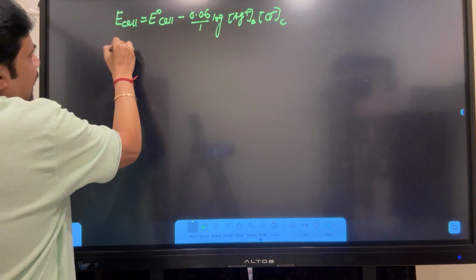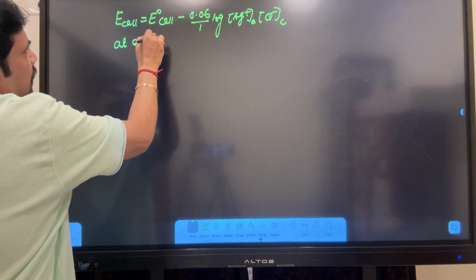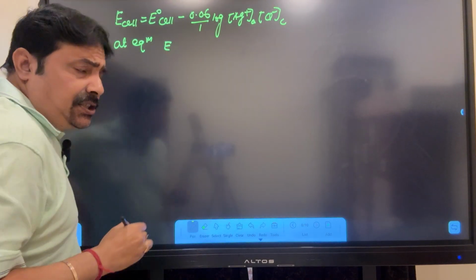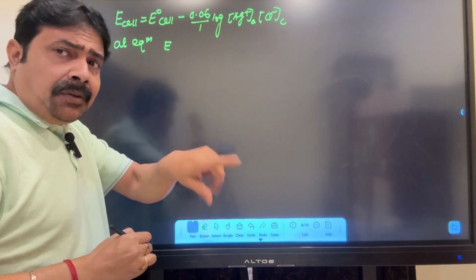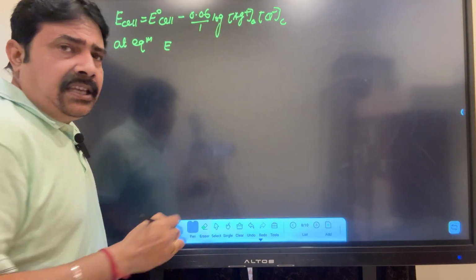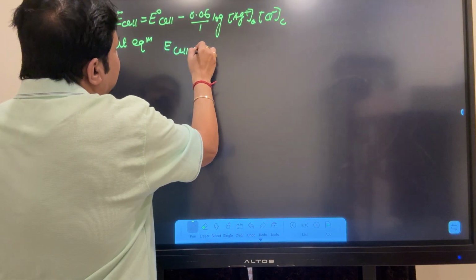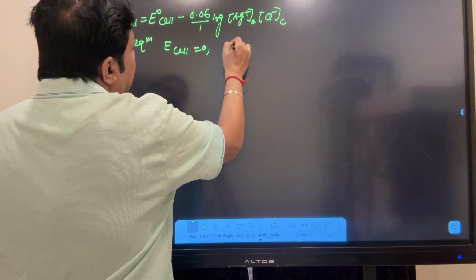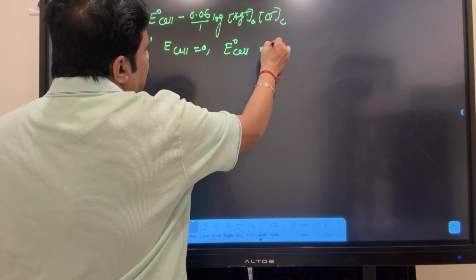Now look at equilibrium. At equilibrium we know very well that delta G is 0, but delta G naught may or may not be 0. In the same way, E cell will be 0, and E naught cell may or may not be, based on the situation.